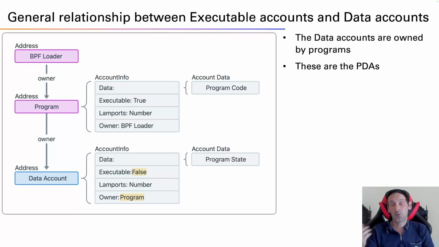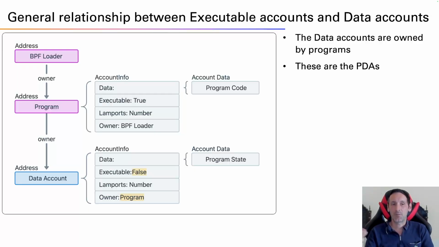These are super useful, of course, because programs can create as many accounts as they like. And you can then choose in your program whether the program itself is going to pay for the account to have the rent-exempt balance to prevent the account from being removed, or if you want to have that account paid by the customer or by the user of your application, your DApp.